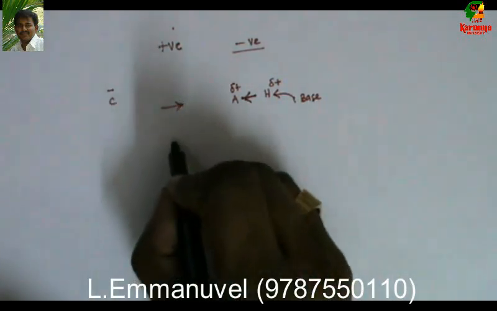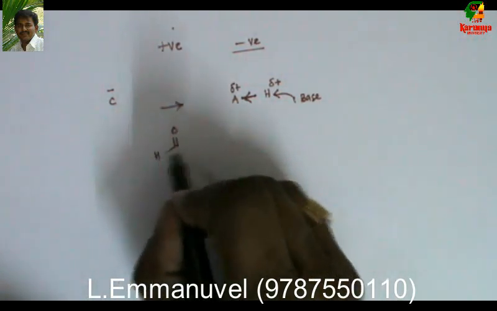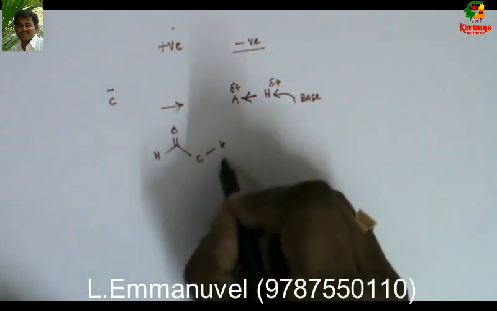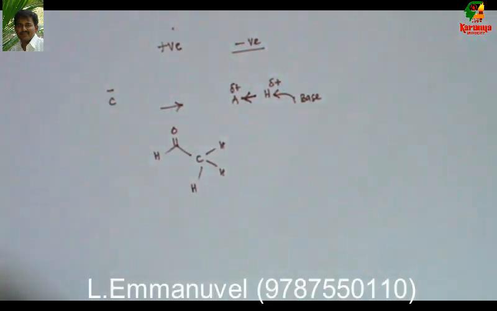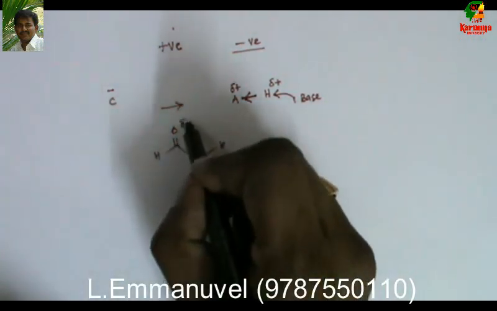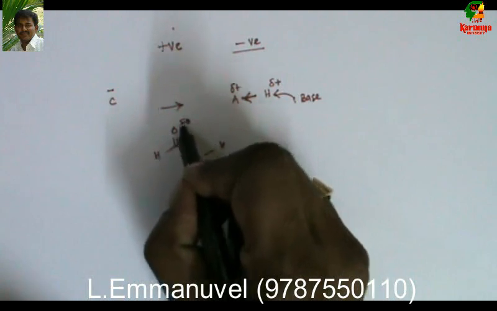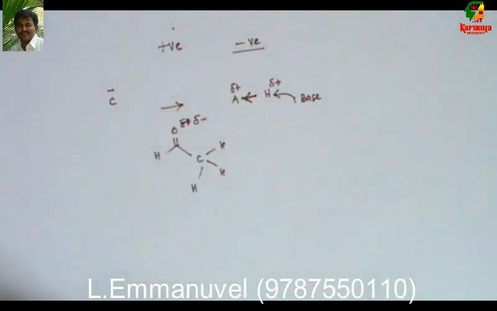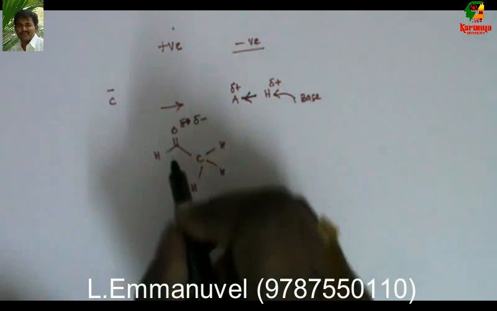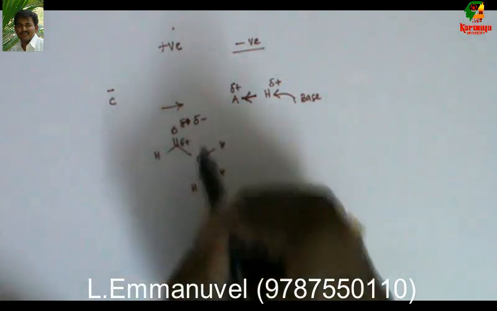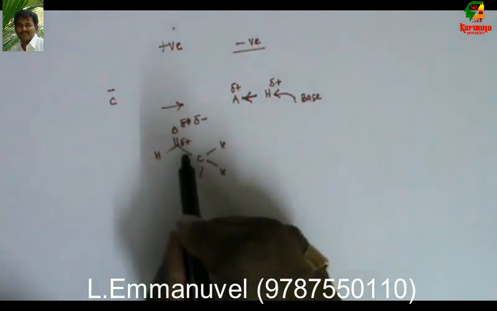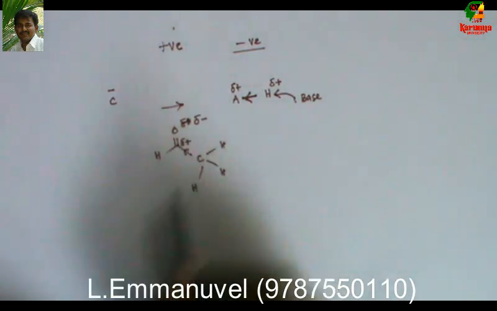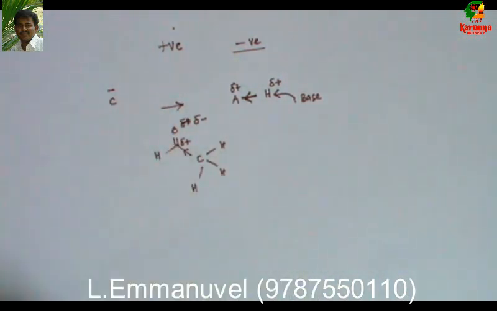I explain like this. Consider this aldehyde. Because of the higher electronegativity of the oxygen atom, there is delta minus on oxygen and delta plus on this carbon atom. Because of the delta plus, the electron density is pulled towards this carbon.